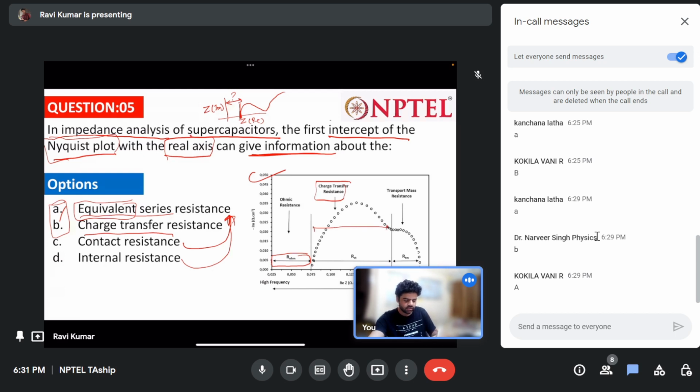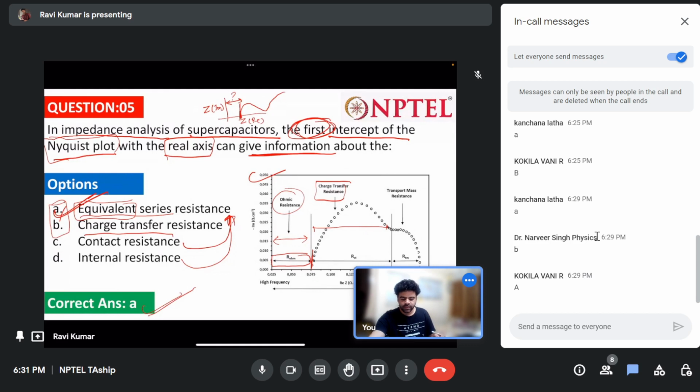The first intercept is this one, so the question is asking for this resistance. This is ohmic resistance, and ohmic here means series resistance. So option A is the correct answer, equivalent series resistance. So yes, the guesses from Kanchana and Kokila are right. A will be the answer here. Let's move to the next question.